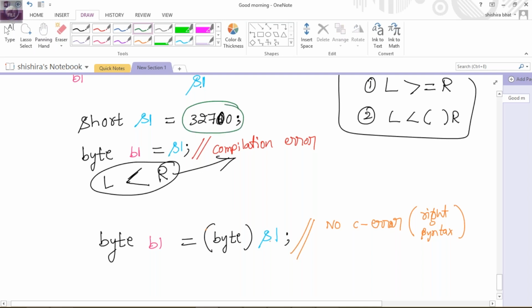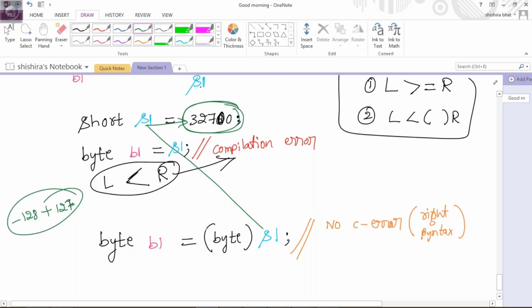32,700. The data stored in s1 is 32,700. Can you store 32,700 in byte? Byte capacity is minus 128 to plus 127. So this data is not in the range of byte.